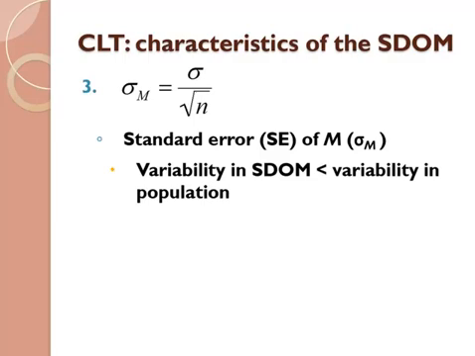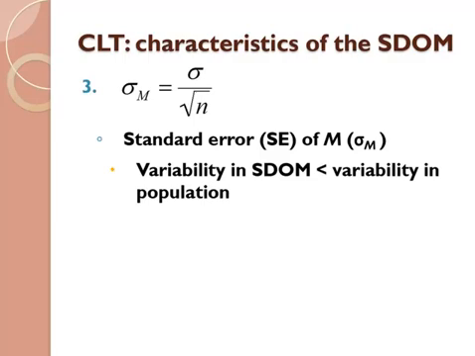Imagine if we're able to sample one observation from the population until infinity, we'd end up with a perfect standard deviation for our population. So this is why the population standard deviation is in our equation here. It's our starting point.